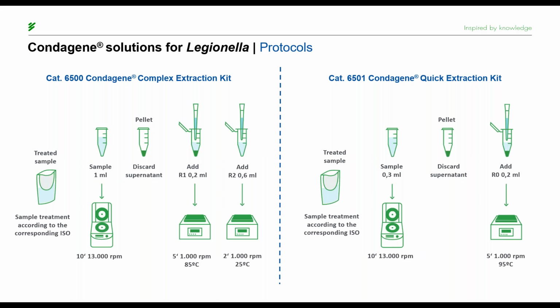We take the suspension to the thermoblock and program for 5 minutes, 1000 RPM at 85 degrees Celsius. Once ready, we add 0.6 milliliters of reagent 2 and cool for 2 minutes, 1000 RPM at 25 degrees Celsius, and we would have our sample ready for the PCR reaction.